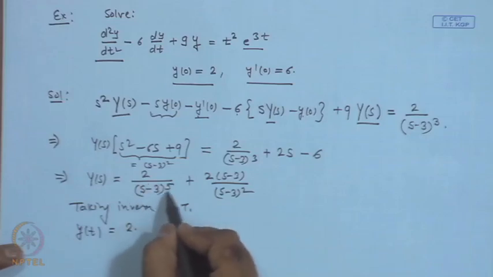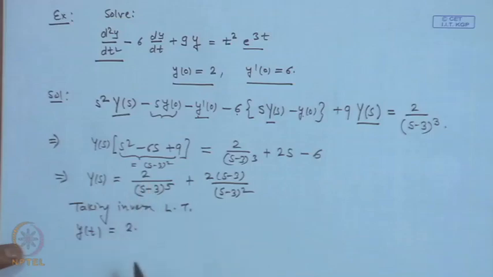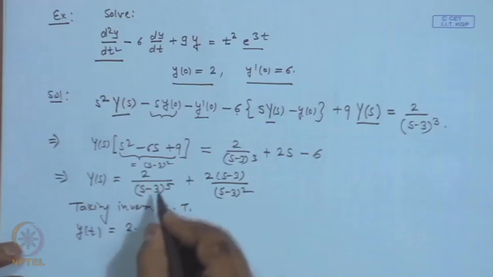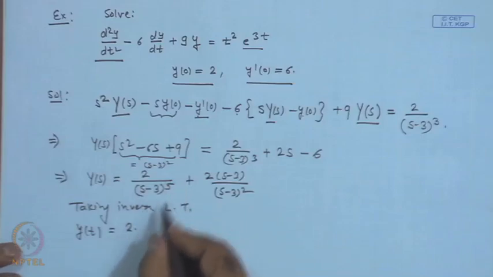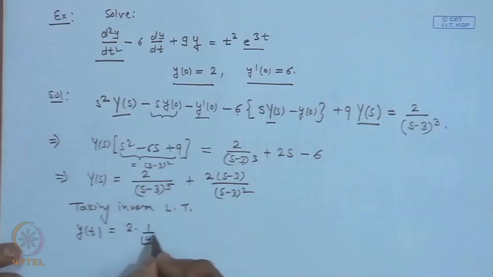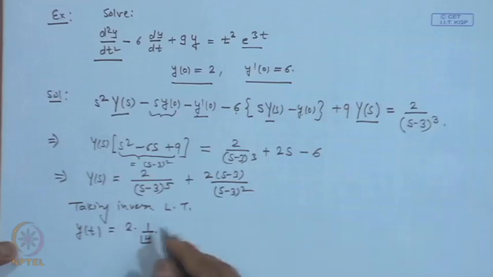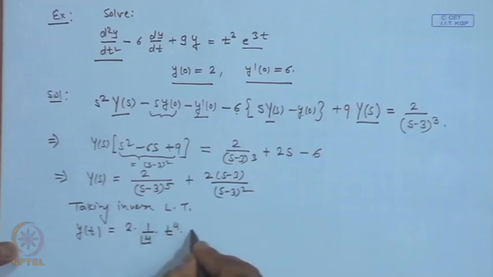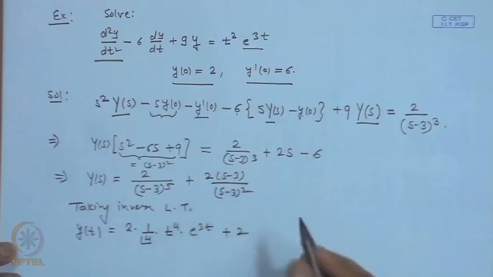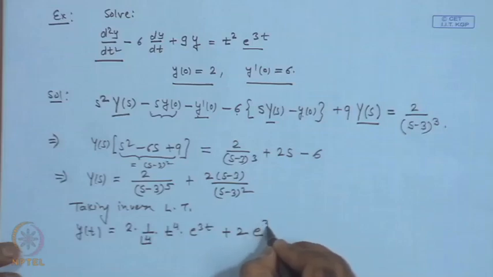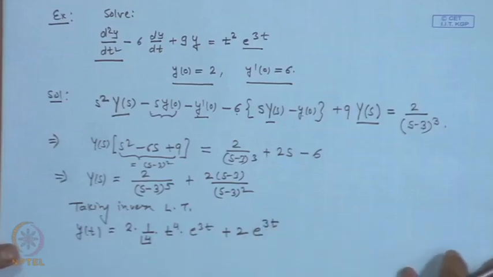We have to use the shifting theorem again, and that will give us e power 3t, and for t power 4, the 1 over s power 5, we have 1 over factorial 4, that constant will be accommodated here, and we have t power 4 and e power 3t, for this minus 3 shift. And similarly here, this is 1 over s minus 3, and that will be e power 3t, again by the shift theorem, or directly, 1 over s minus 3 we know is e power 3t.